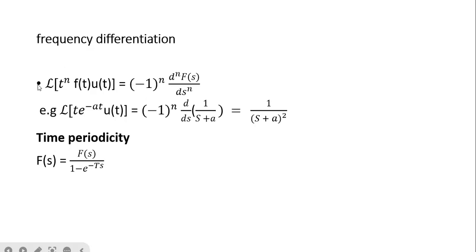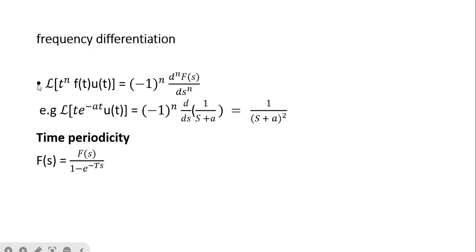So in this case, we have t raised to power n. So if you have a function of this, t^n f(t) u(t), and you want to transform it, it's going to give you minus 1 raised to power n, d^n F(s) over ds^n, and that's what you get.